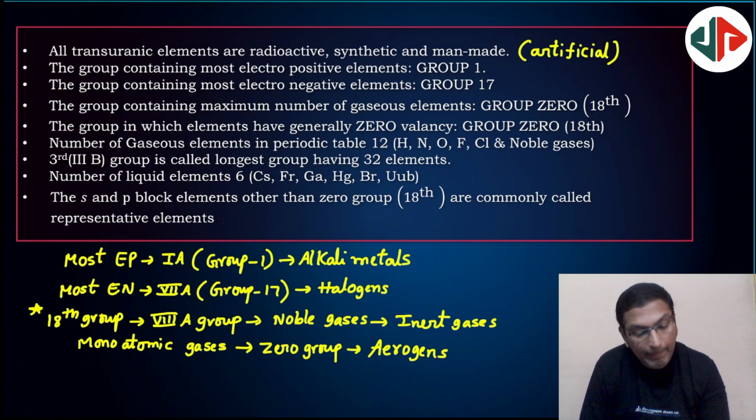Next. Group in which elements have zero valency: 18th group or zero group. We know that. That's why 18th group elements are known as zero group elements due to zero valency.